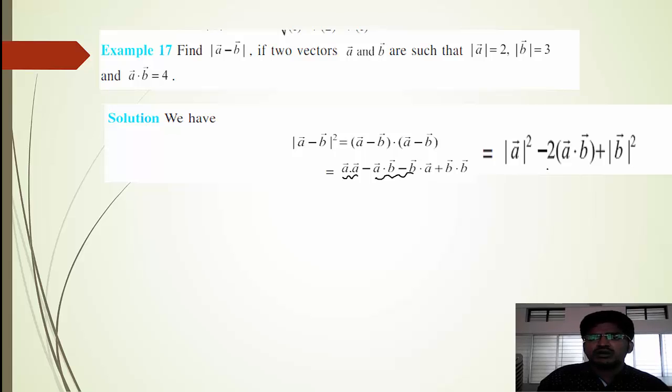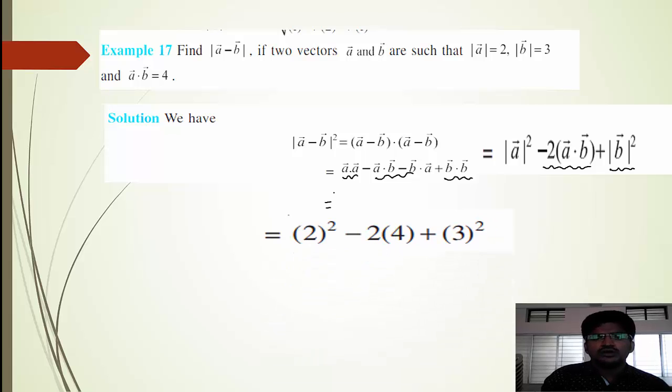So this term is minus 2 times vector A dot vector B, plus vector B dot vector B is mod of vector B square. Now you have mod of vector A as 2, so in the place of mod of vector A you write 2 square. In the place of mod of vector B you write 3, that is 3 square.